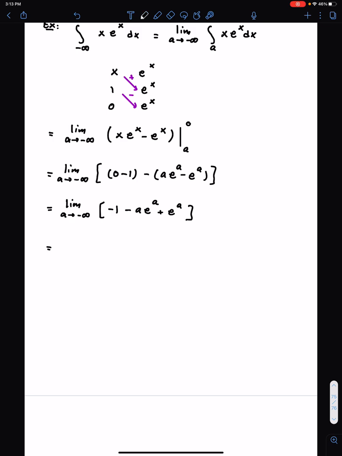So I have negative 1 minus the limit as a approaches negative infinity of a e to the a. So this limit is negative infinity times e to the negative infinity, which is negative infinity over infinity.